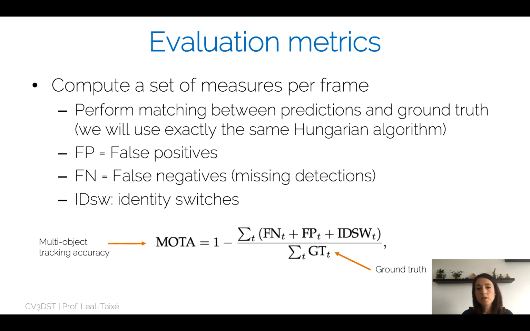And this essentially consists of summing the false negatives, the false positives, that is the detections that you have missed, the detections that you have created when there was actually no object, plus the identity switches. We sum up all of these quantities and we normalize it by the number of ground truth detections. And one minus all this term is what is called the multiple object tracking accuracy.